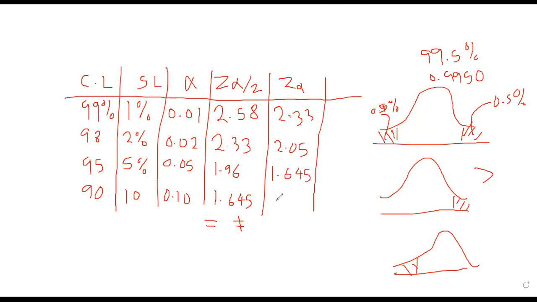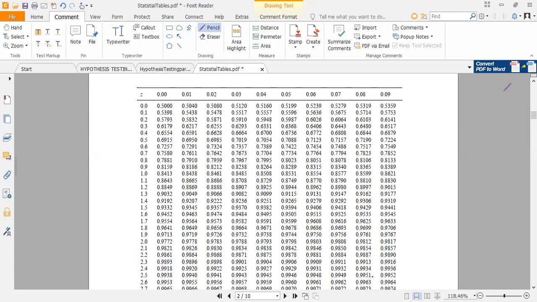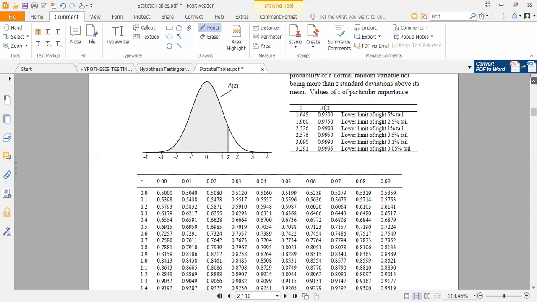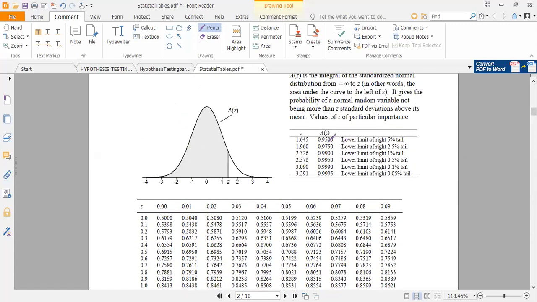Okay. And finally, here you're going to have 1.28. Some tables, however, may give you partially these same figures here. At the far end, when you check here, you can see 95%, it has 1.645.